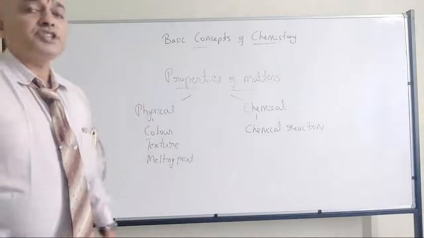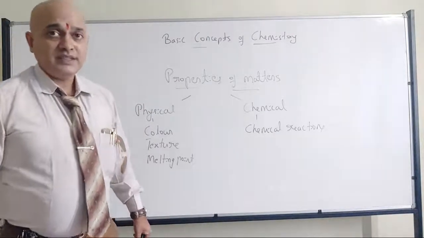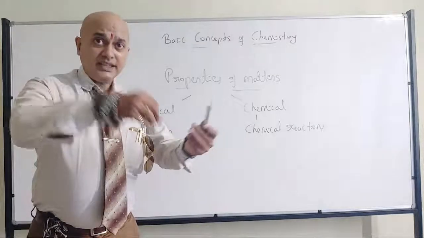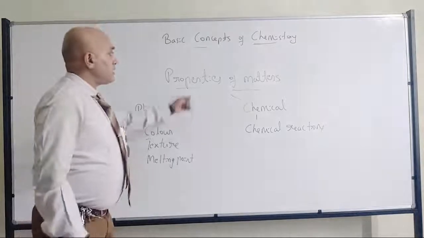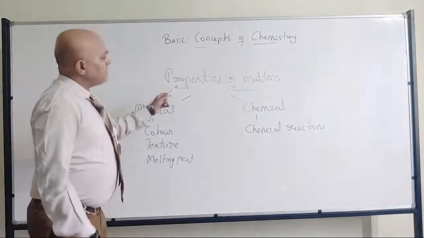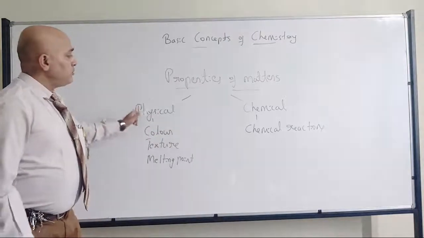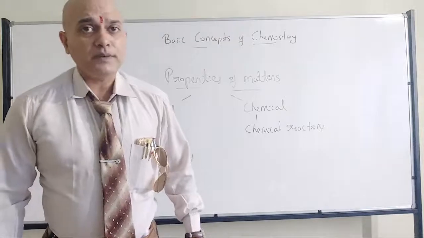Only by observation we cannot tell. We have to do the chemical reactions. We have to add something else to this. Then only will we come to know what chemical property is shown by the matter. Therefore, all matter in nature will have both types of properties, physical and chemical.